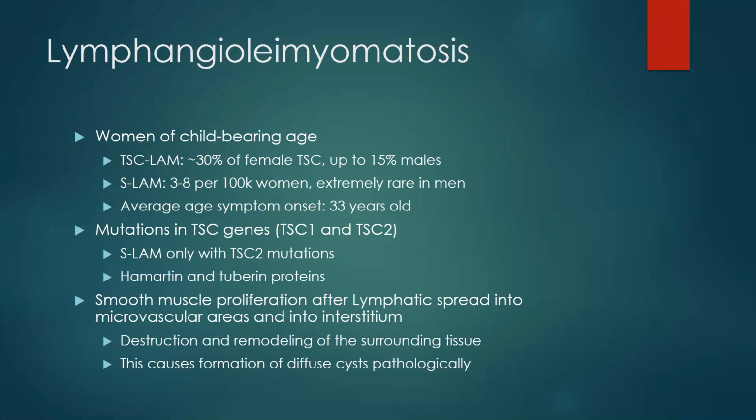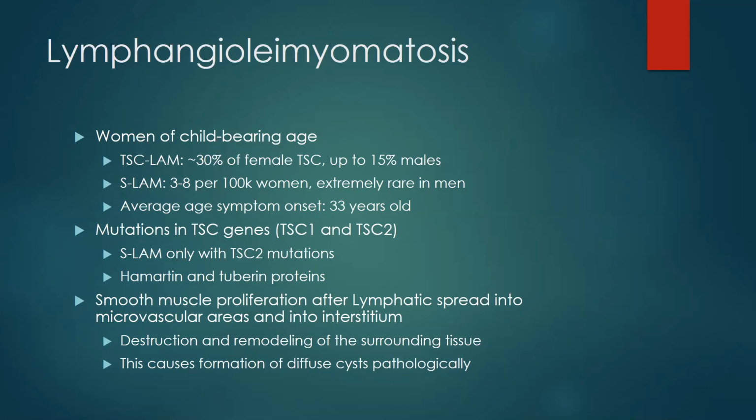With TSC, about 30% of females who have TSC end up developing LAM, and it could be up to about 15% of males. However, that's kind of a high point. In terms of sporadic, it's about 3 to 8 per 100,000 women, and extremely rare in men. I think I found one case report of that occurring in men. And the average age of symptom onset is around 33 years old.